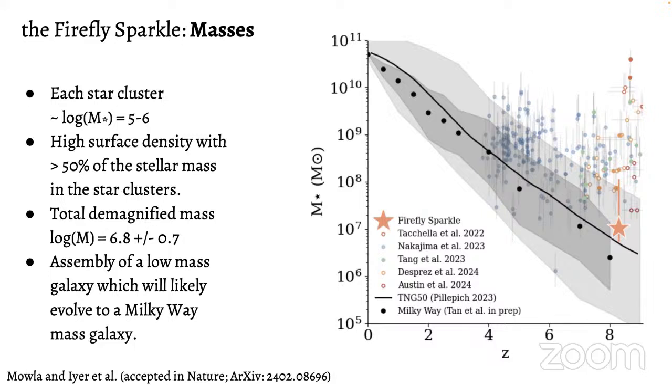And what this allows us to do is study how star formation might be occurring in a system that will evolve subsequently to be more typical of the kinds of galaxies that we see today, closer to L star, compared to the high mass galaxies that we are seeing at high redshift, which will evolve to be much more massive over time. So this was really fun, and it opened the door to creating this ladder of objects that have these compact clumps and studying what their properties are like.